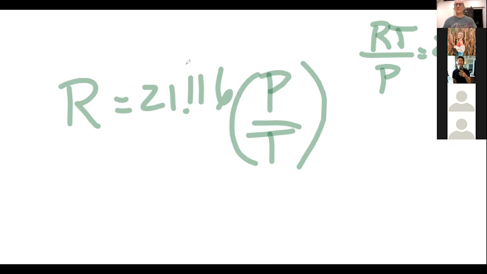So I want to divide each side by T over P. Well, what's my pressure in atmospheres? Approximately 1, right? So I'll just make that 1.